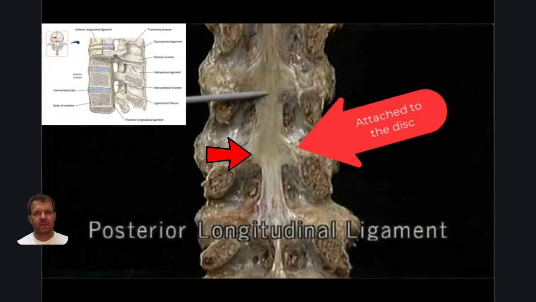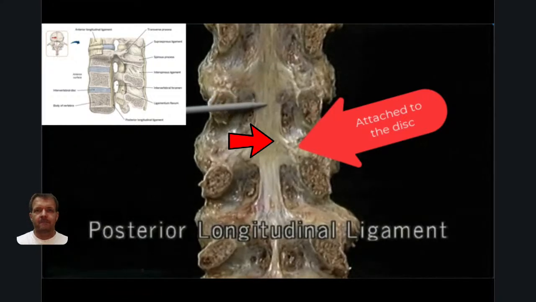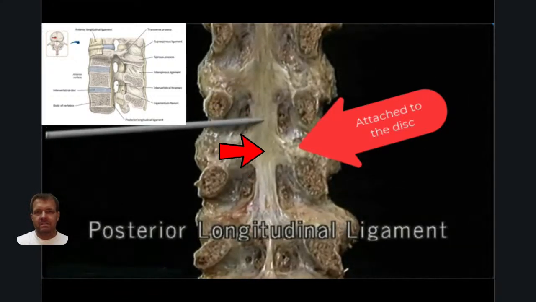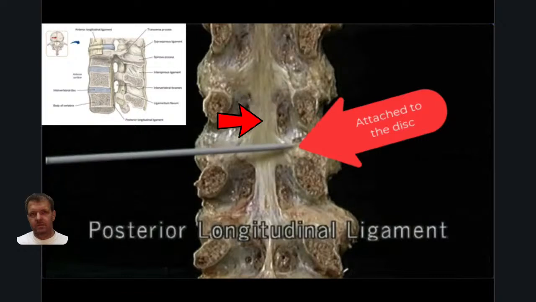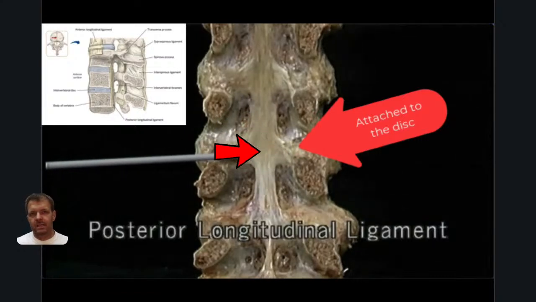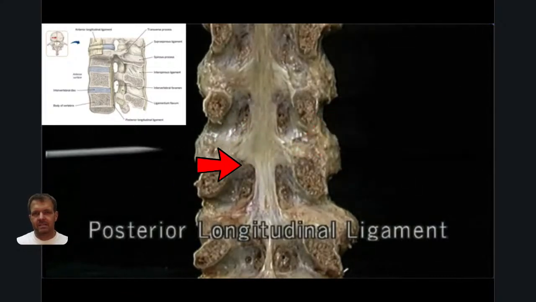So that's one of the reasons why we often get one-sided disc herniations, and then also the symptoms associated with that. So there it is, right down the center of the vertebral bodies, and then a bit of an attachment out to the sides.